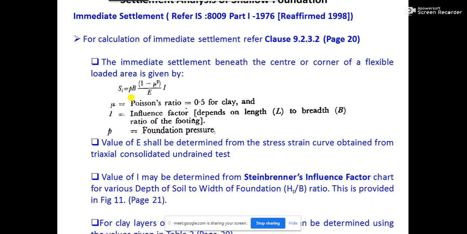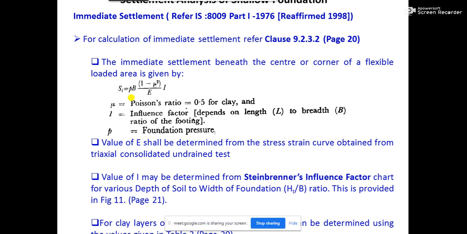Whatever the value of this immediate settlement, I have mentioned, if you remember, that it is being considered using the assumption that the footing is resting on the ground. Basically, that means the footing is at the ground level.